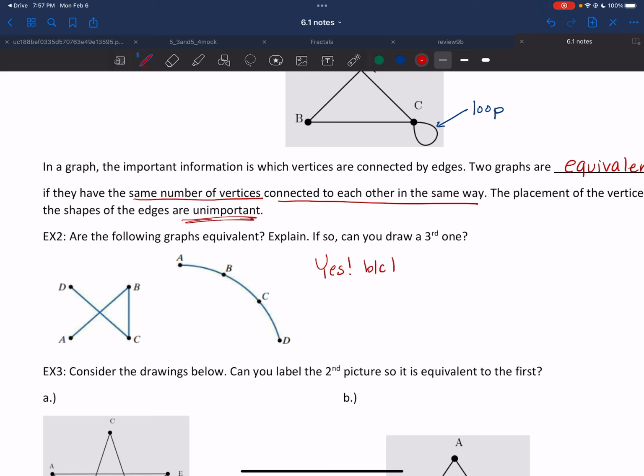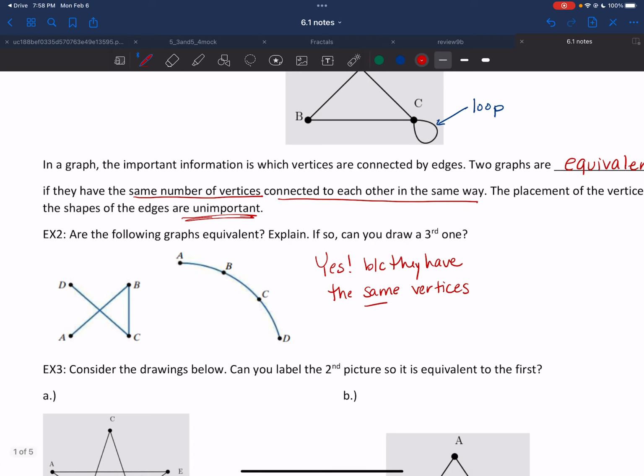because they have the same vertices, meaning A, B, C, D, and the edges between the vertices connect in the same way.